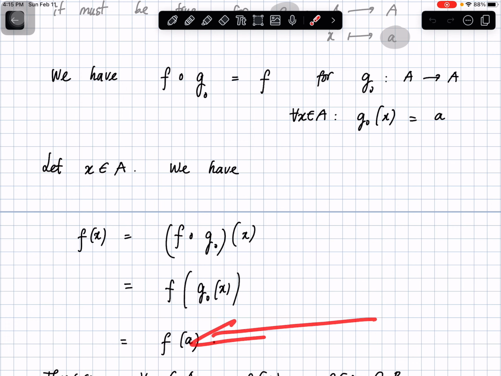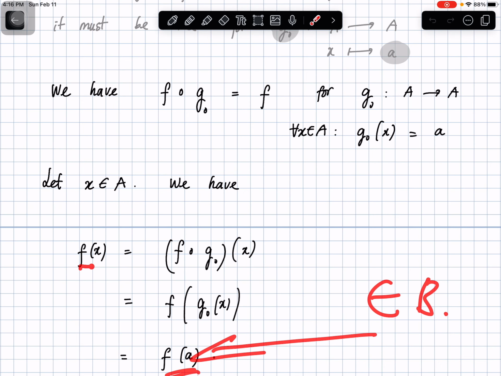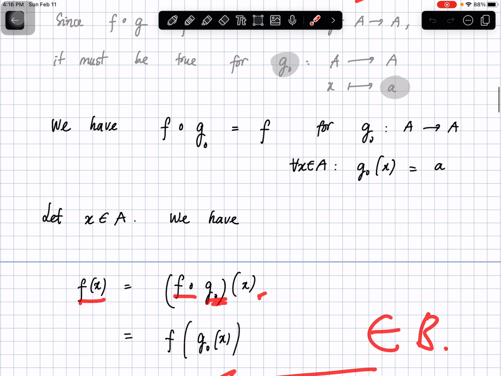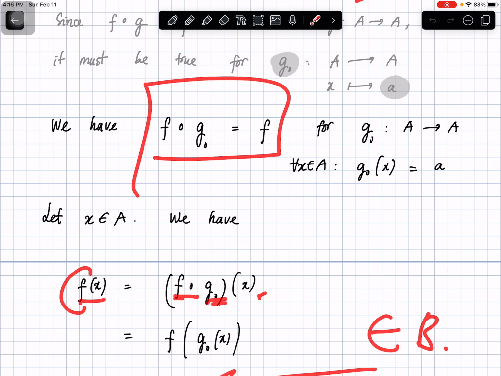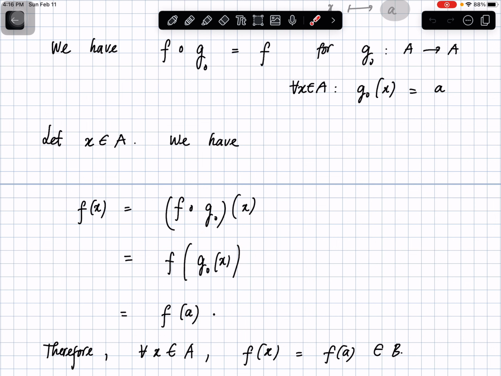Small a is in big A because we fixed small a in big A before. Okay, f of x equals f dot g naught of x. This is because f equals f dot g naught. Okay, f dot g naught of x is f of g naught of x. This is by definition of composition.